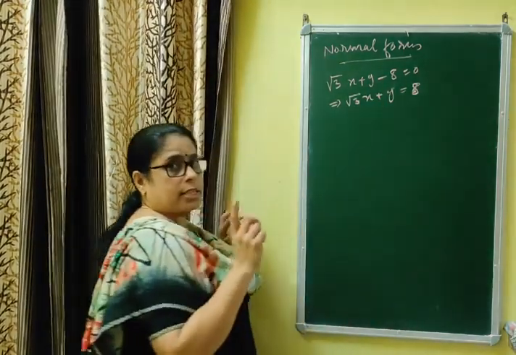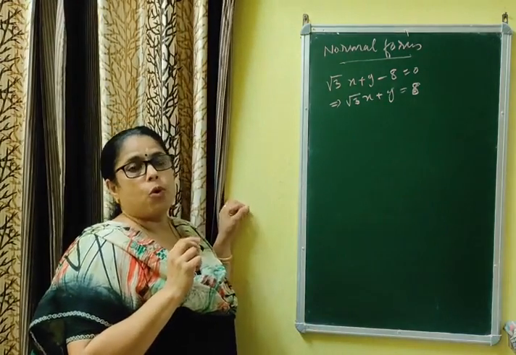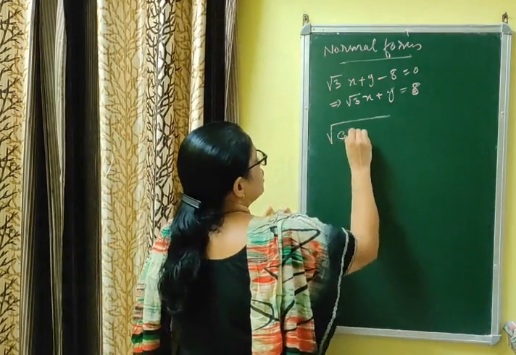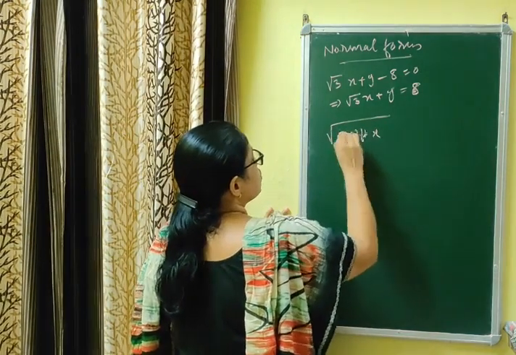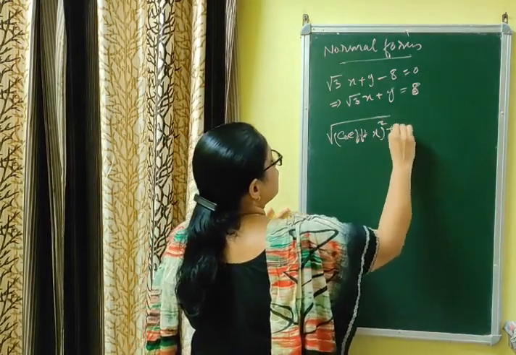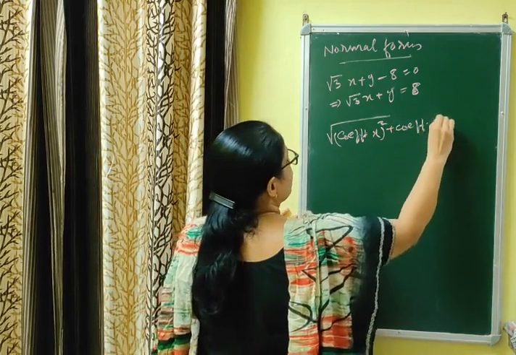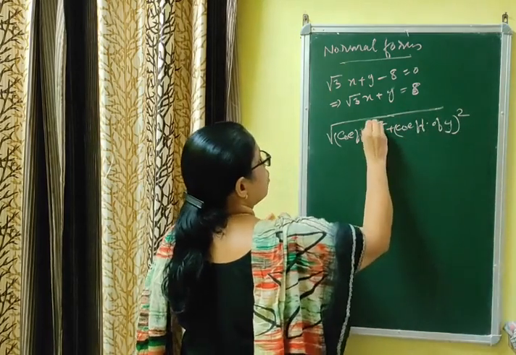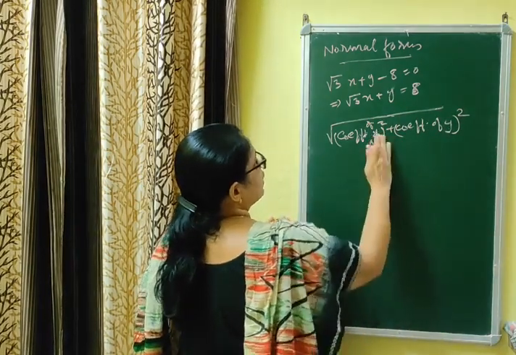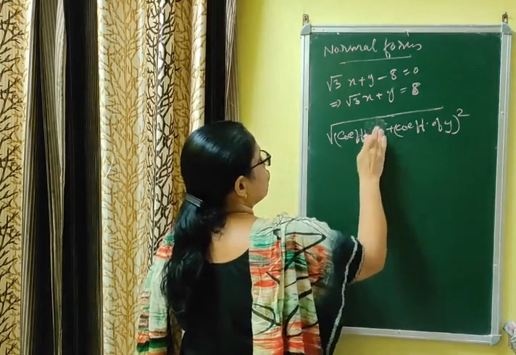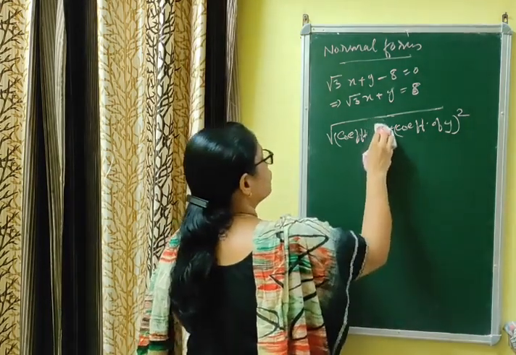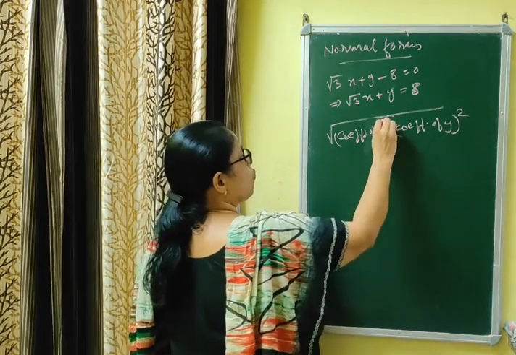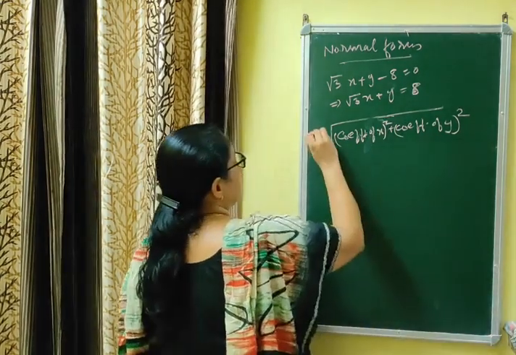Now what is the next step? After coming here, you have to divide the whole equation by the under root of coefficient of x whole square plus coefficient of y whole square. Let me write properly: coefficient of x whole square plus coefficient of y whole square. This step is very important.